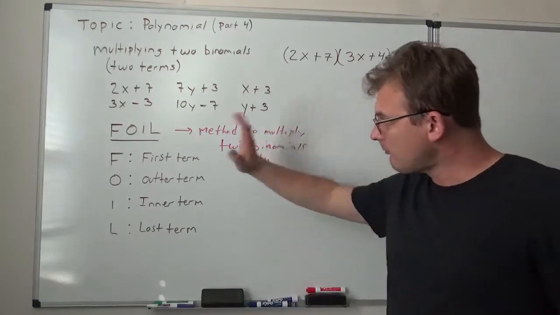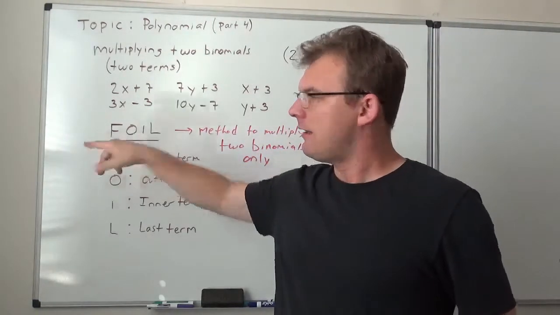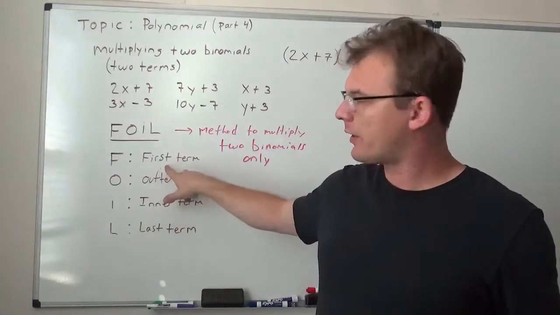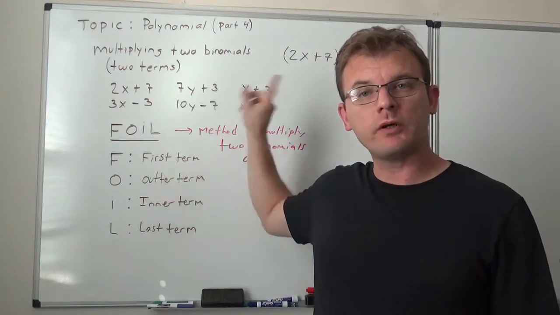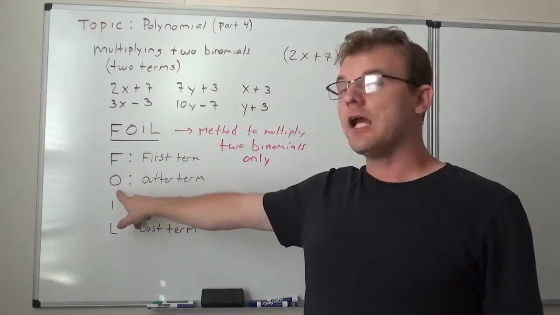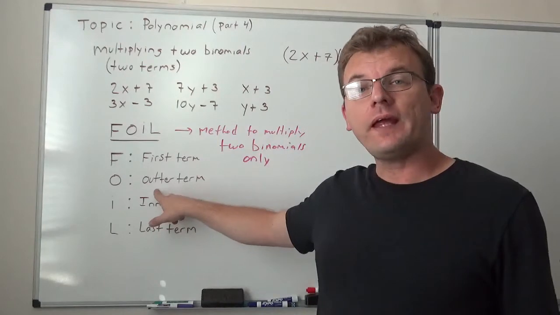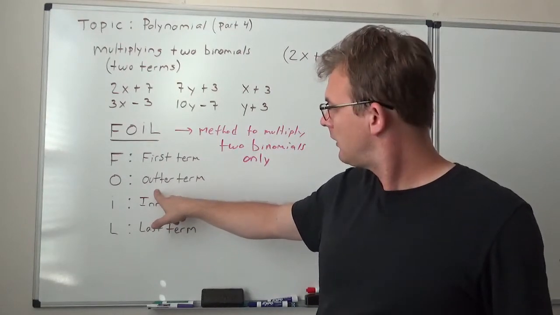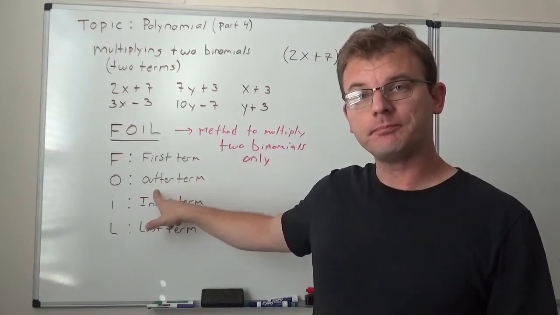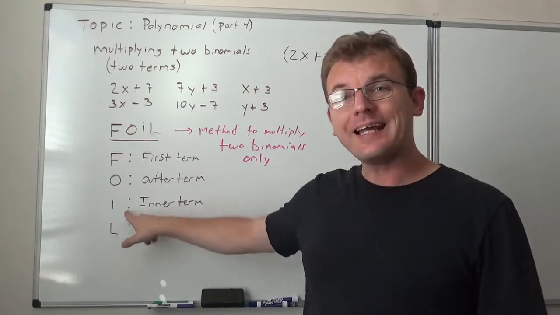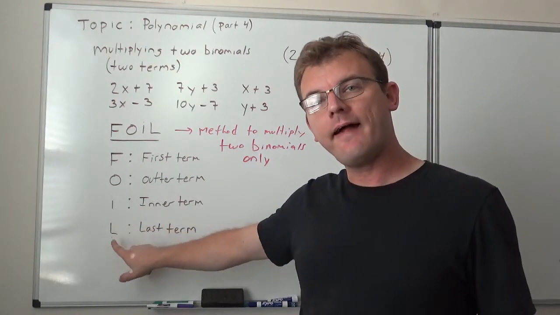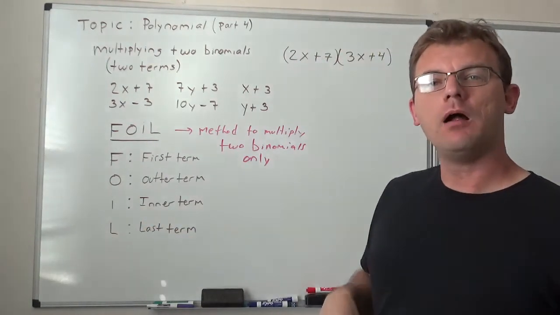The F is what we call the first term. We will explain that in a minute. The O is called the outer term. The I is the inner term, and L is the last term.